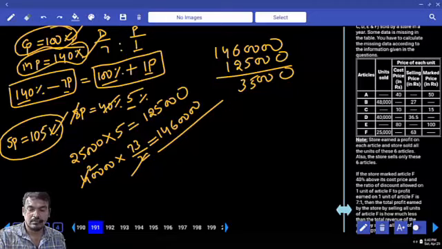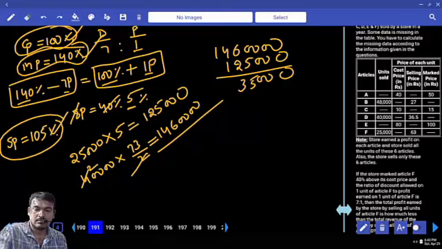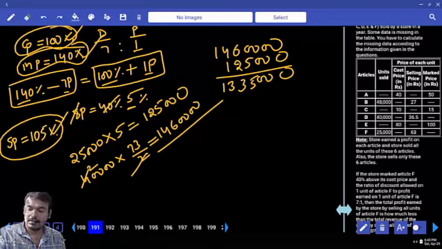What is the remaining? 14 minus 1, 13. 1335.